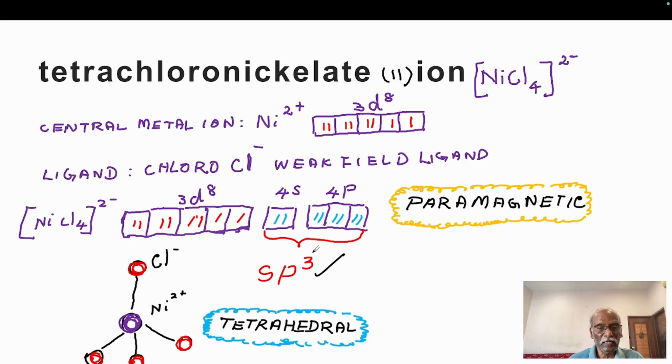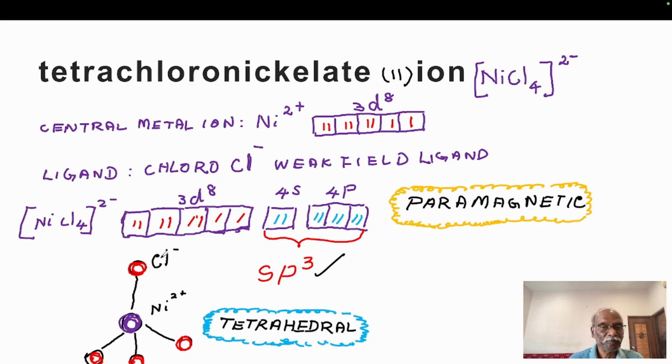All these 4 orbitals repel in such a way that they occupy the corners of the regular tetrahedron. If you draw a tetrahedron diagram, these are the 4 corners. In each corner, 1 Cl minus is placed, and at the center is the nickel 2 plus ion, thereby giving rise to the hybridization sp3, shape tetrahedral.